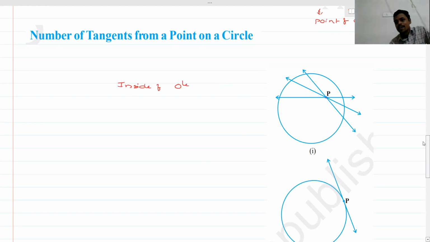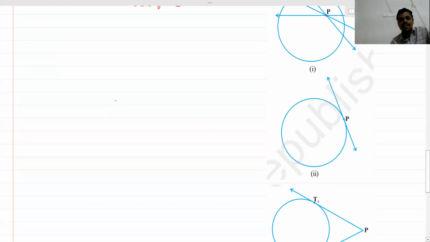If a line touches the circle at one point, we can form one tangent here. That is what we have just told you: a line that touches the circle at one point is called a tangent. We get one tangent here when the point is on the circle.